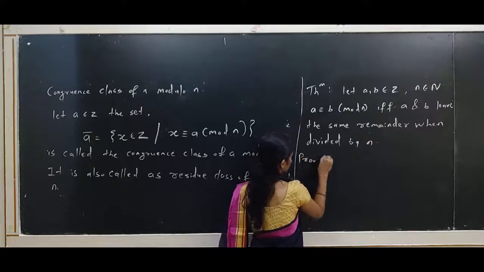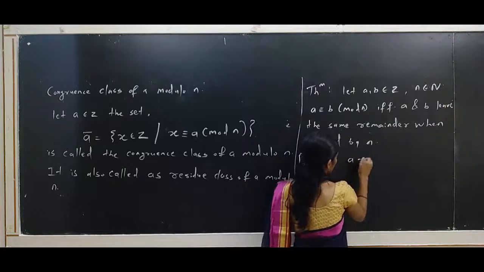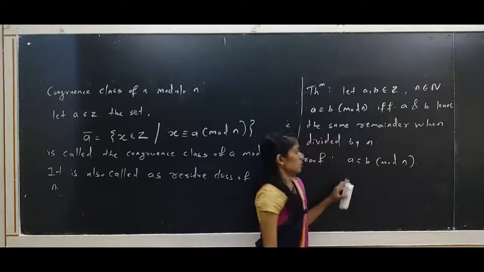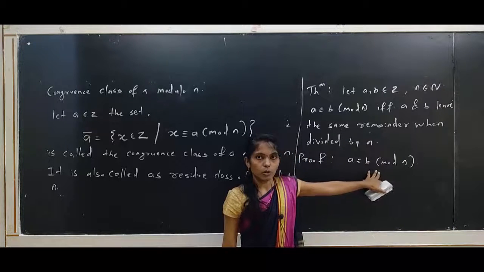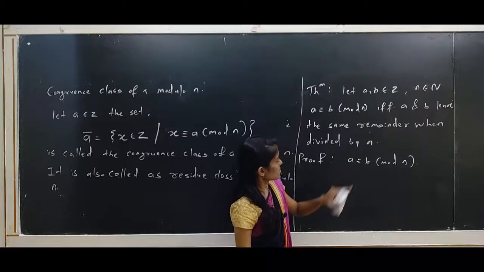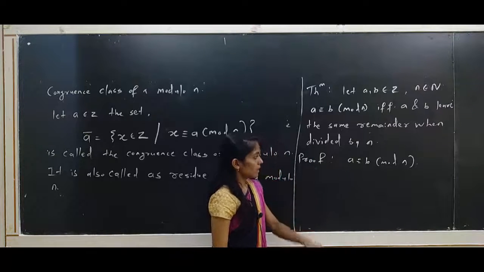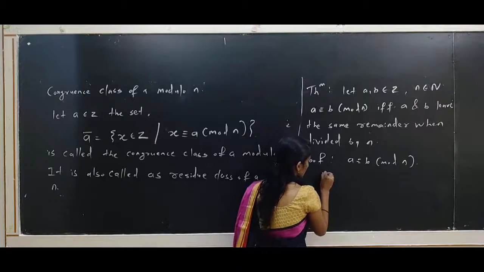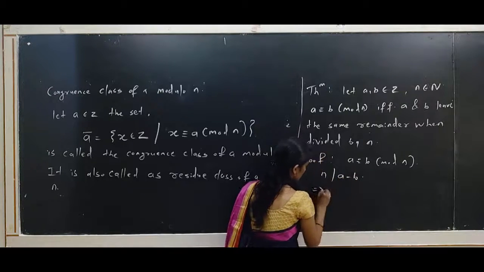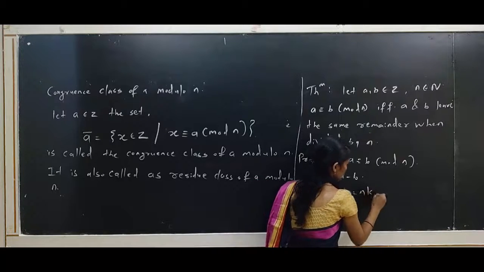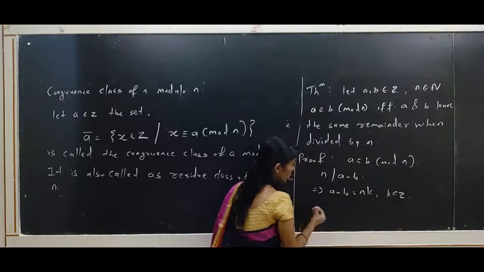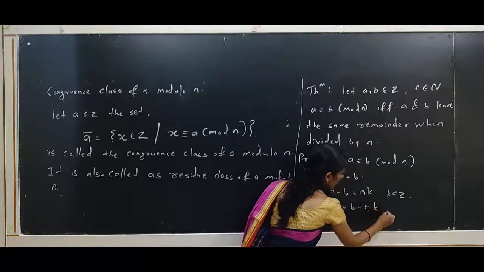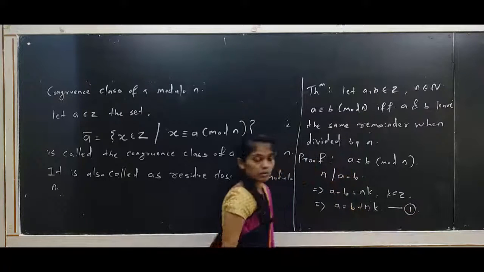Proof: a congruent to b modulo n. Okay. Here we suppose that a is congruent to b modulo n and we want to show that a and b leave the same remainder when divided by n. So here a congruent to b modulo n, that means n divides a minus b. So which implies that a minus b equals nk and k belongs to the set of integers. So this again implies a equals b plus nk. Give it the number first.